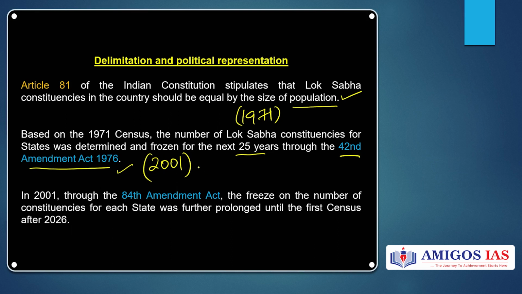They felt that the population of India had still not stabilized, so they brought one more amendment, the 84th Amendment Act, and through this act, they again froze the delimitation till 2026. So the Indira Gandhi government froze delimitation till 2001, and the Vajpayee government froze delimitation in India till 2026.